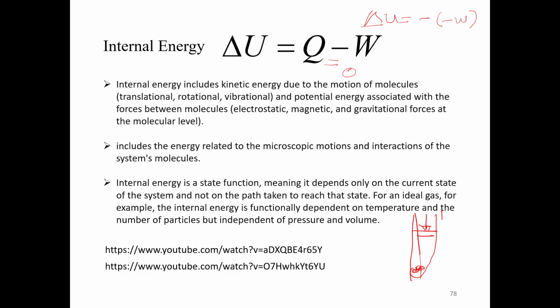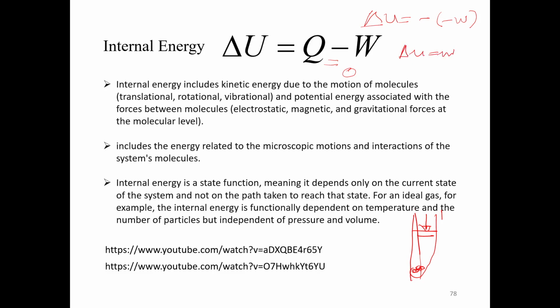Because we are doing work on the system. So the minus signs cancel, and we get delta U equals W.